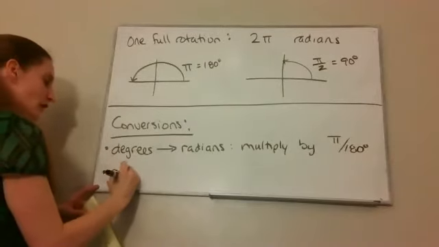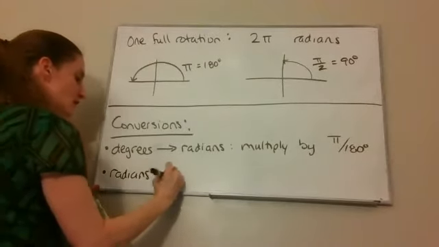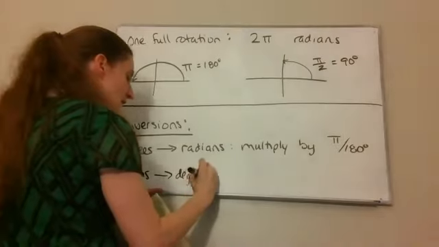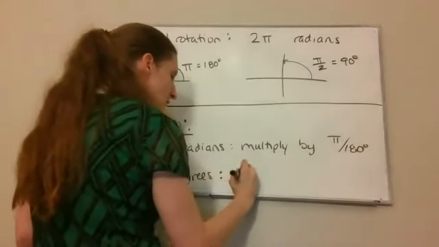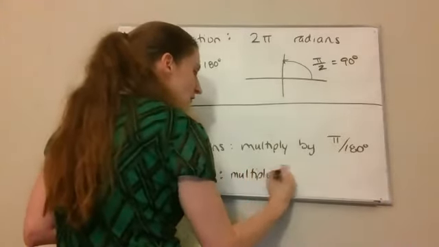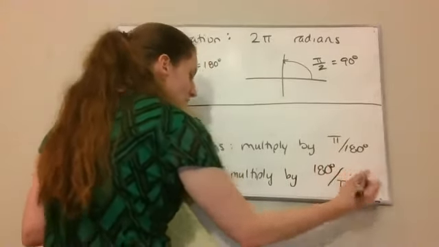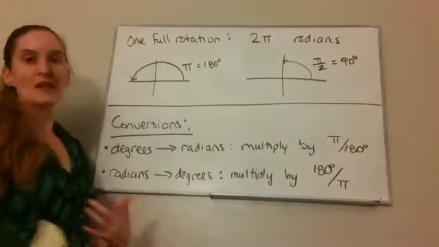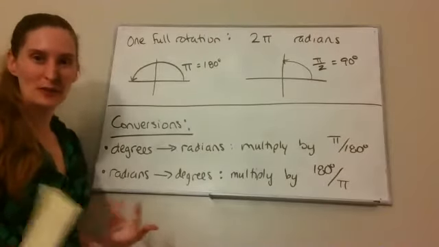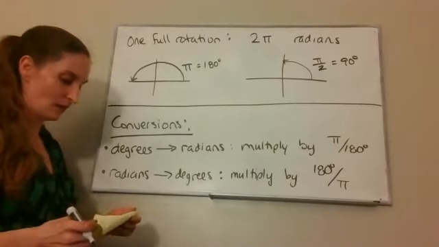And if I'm converting from radians to degrees, we multiply by that reciprocal, 180 degrees over pi. And this will convert us back and forth between degrees and radians.